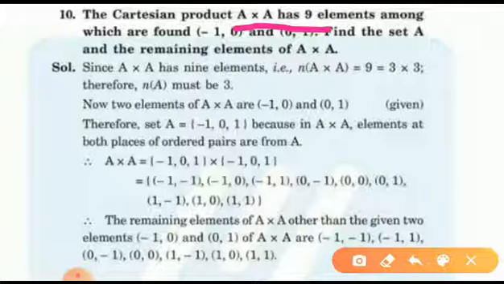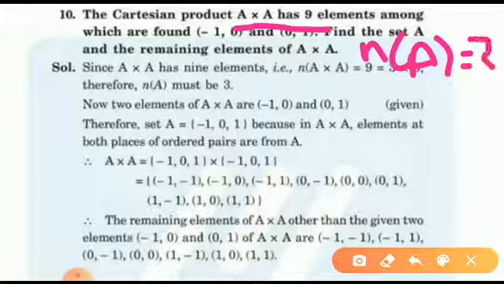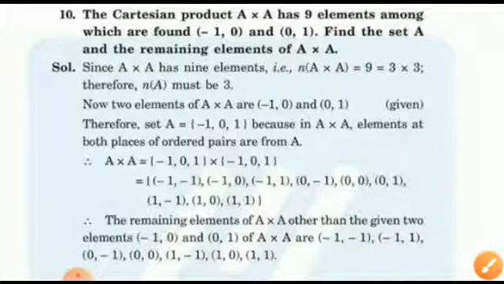Can you guess how many elements will be there in A? Since both the sets are the same, it will be 3, because 3 into 3 is equal to 9. That means the number of elements in A should be equal to 3.